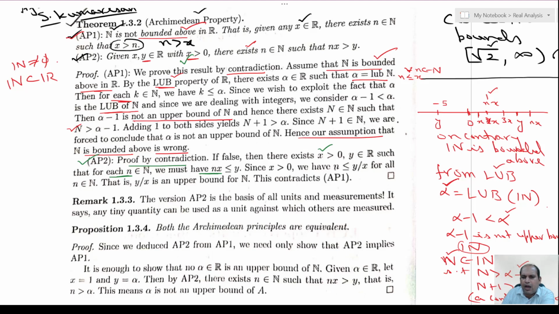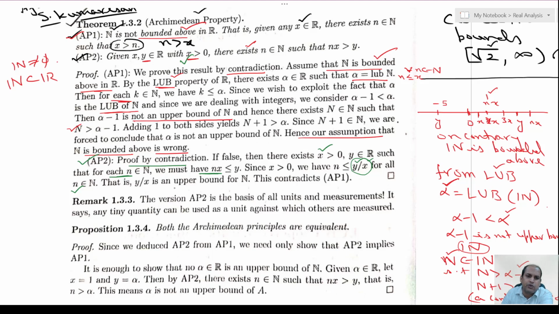So, from here we can write that n is less than or equal to y by x. Now, y is a real number, x is a real number, so y by x is a real number, and this y by x is well defined because x is not equal to 0, for all n belonging to N. So, every natural number has upper bound y by x.